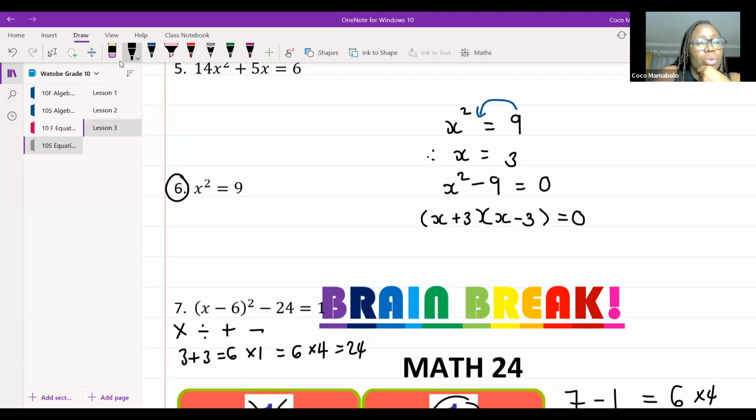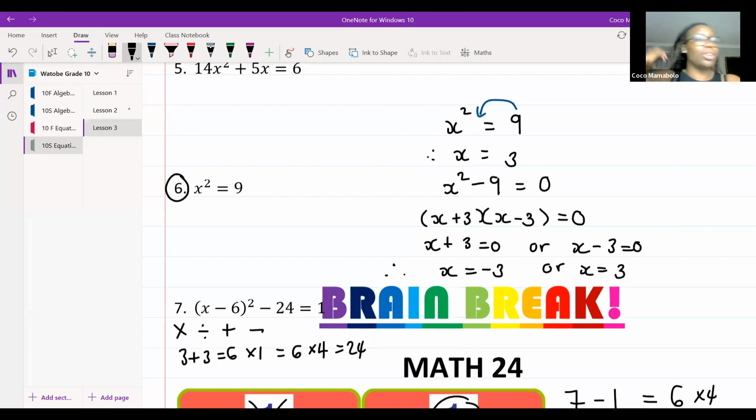Who can tell me what happened? Oh, I'm like x plus 3 is equal to 0, or x minus 3 is equal to 0. Therefore, x is equal to negative 3, or x is equal to positive 3.